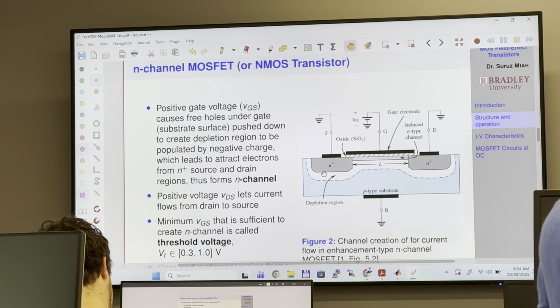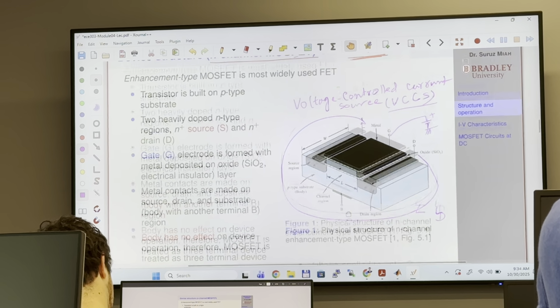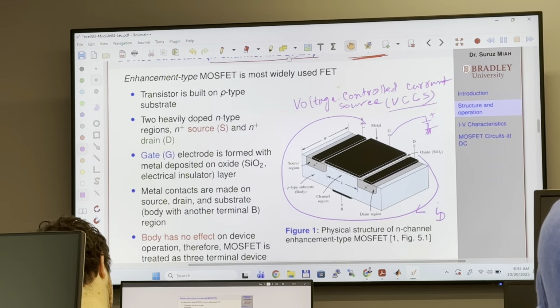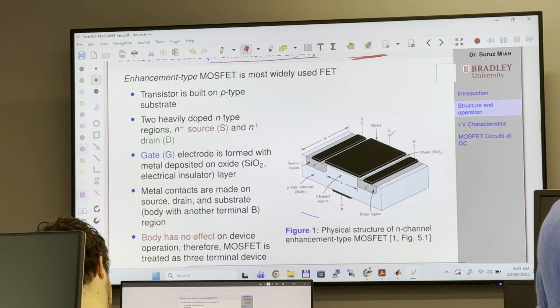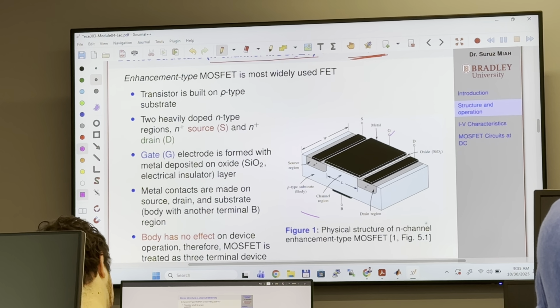Now, let's see why it is called N-channel. The reason is the following. I'll start from figure 5.1 of the textbook.